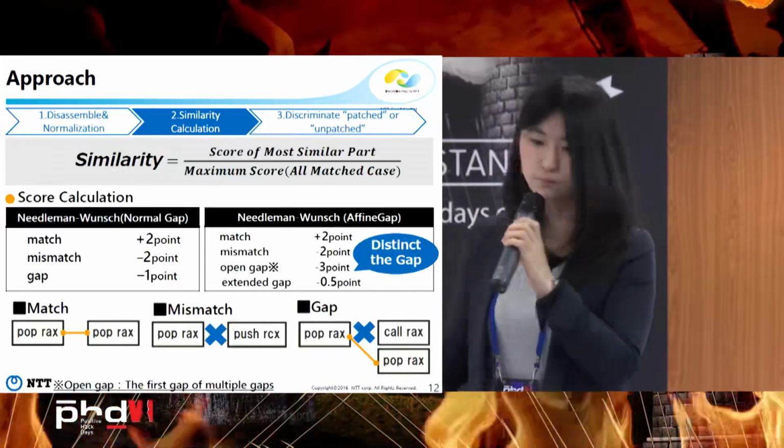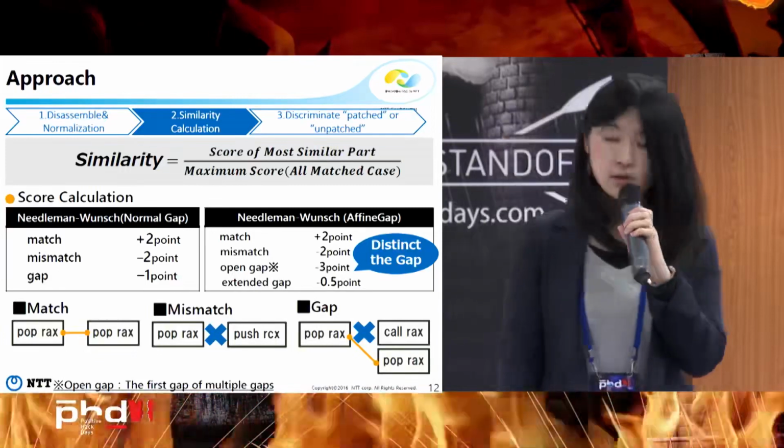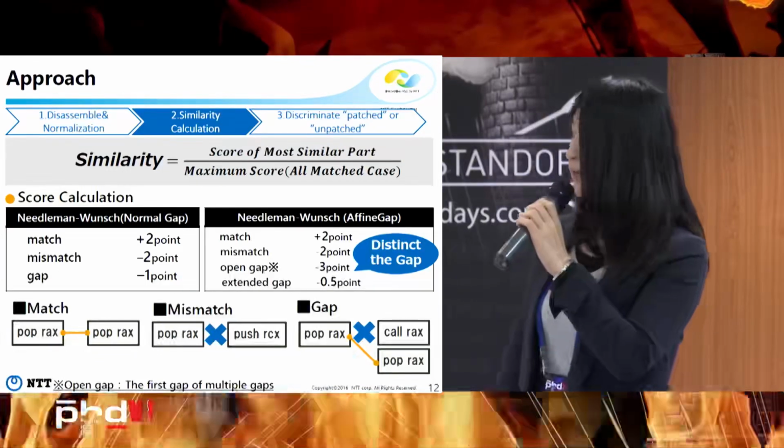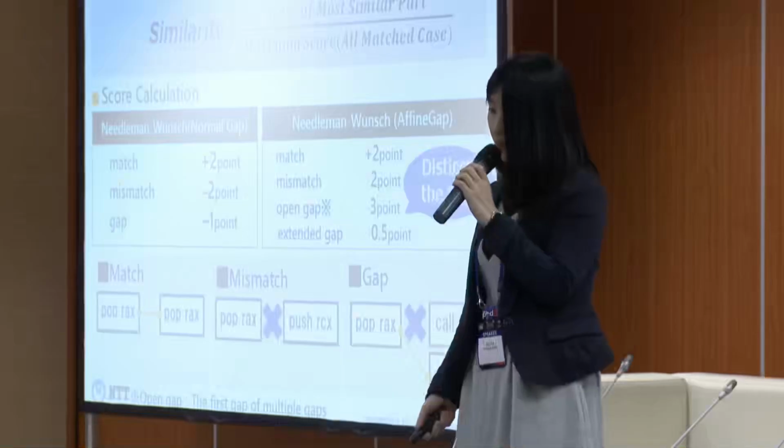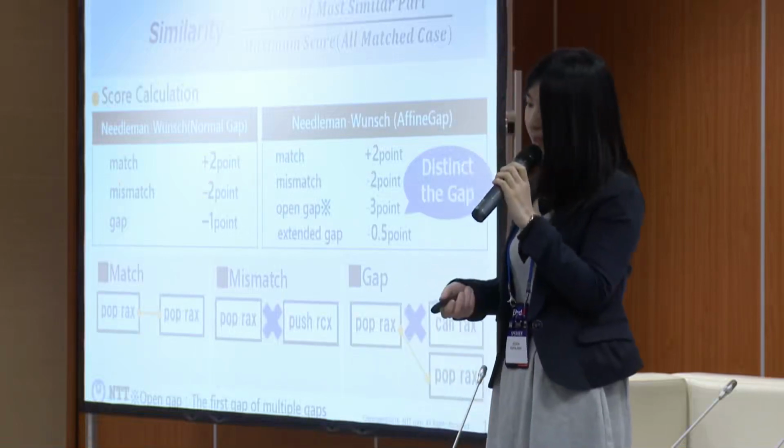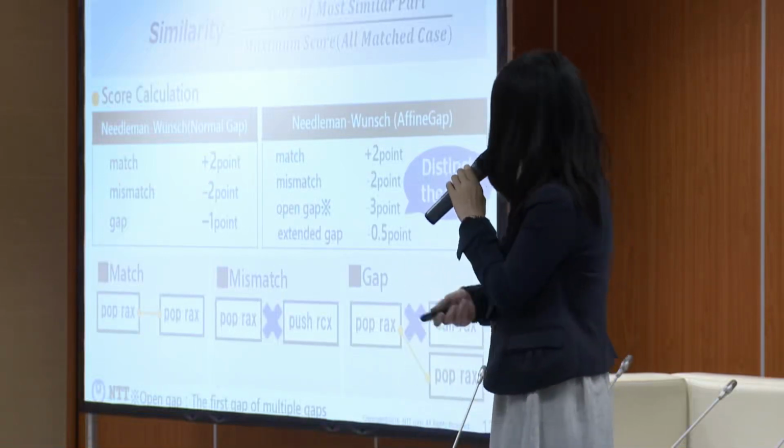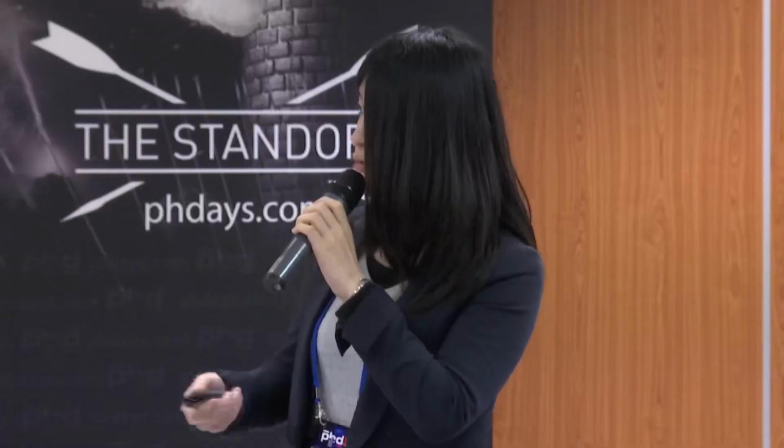This is a gap. In Needleman-Wunsch's normal gap penalty, a match is +2 points, a mismatch is -2 points, and a gap is -1 point.